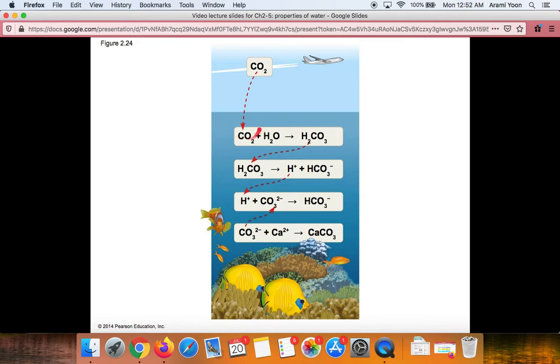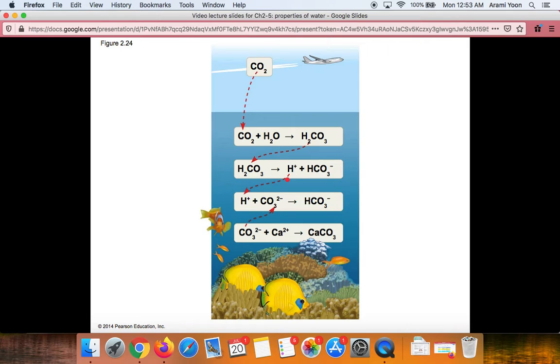So some of the carbon dioxide gas dissolves into the water, where the carbon dioxide molecules react with water to form H2CO3. That H2CO3 can then break down to form hydrogen ions and bicarbonate ions, which means you've now acidified the ocean. The ocean is now becoming more acidic.